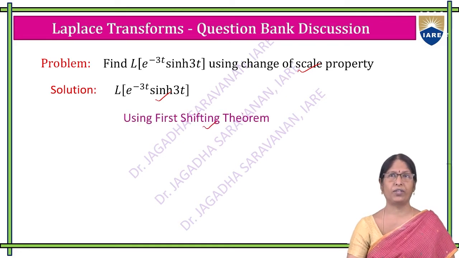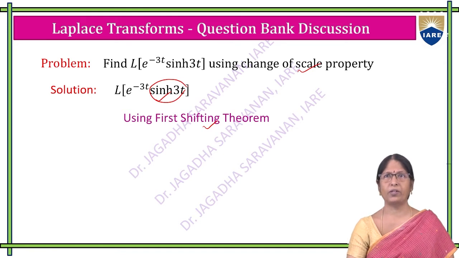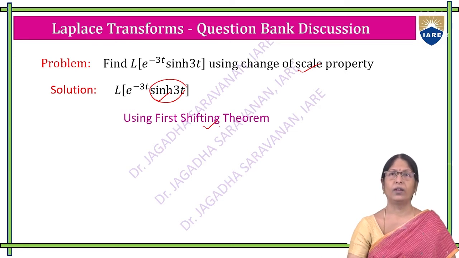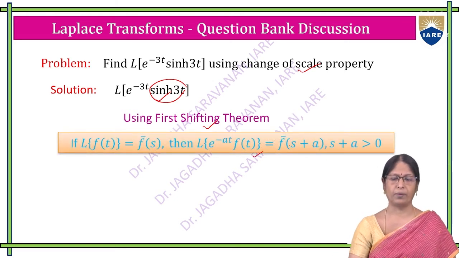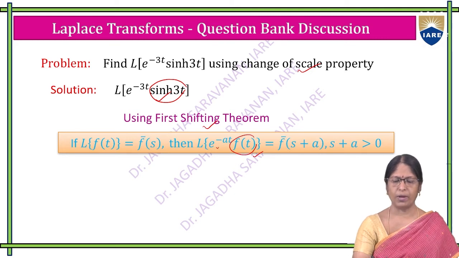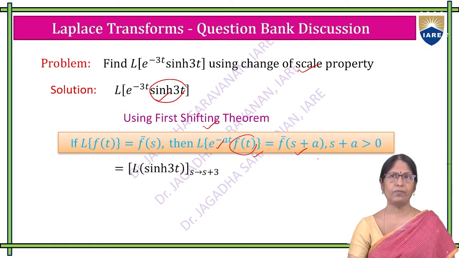Using the first shifting theorem, the term which is multiplied by either e power minus at or e power at, we will recall the first shifting theorem. So this is our first shifting theorem: f of t, which is multiplied by e power minus at. Then in the final result, s is replaced by s plus a.